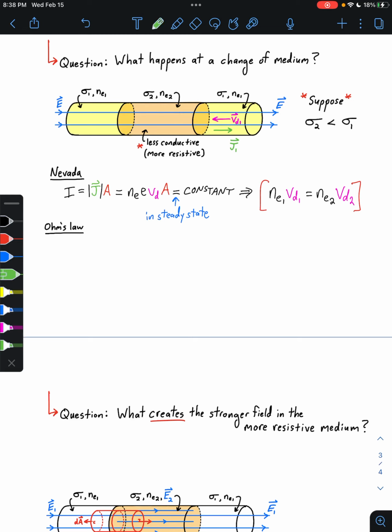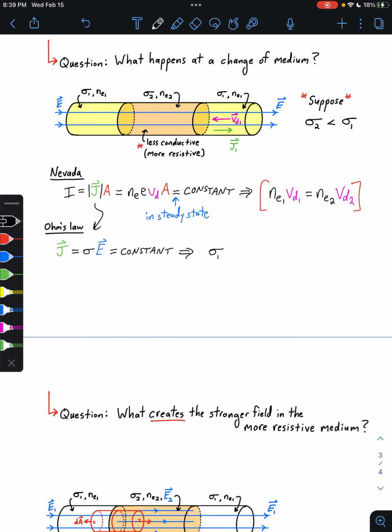Let's apply Ohm's law then. So the current density is related to our electric field. If the current entering and leaving must be the same and the cross-sectional areas are the same, then this implies that our current density in both materials 1 and 2 is also constant, which tells us that sigma E in region 1 must equal sigma E in region 2.